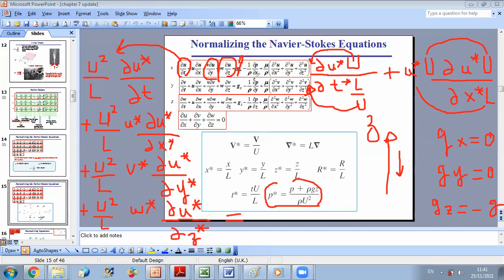Now I want to normalize this term. As we said, rho is not a variable, so we keep it as it is.